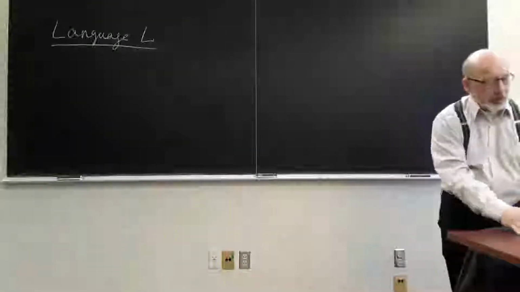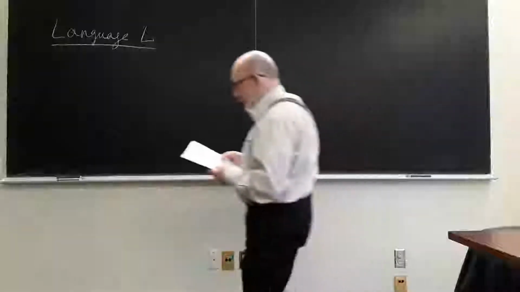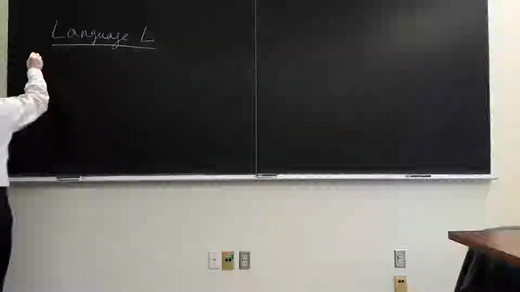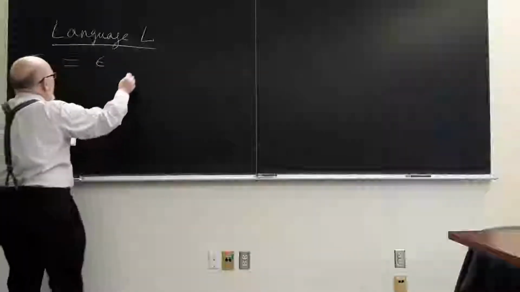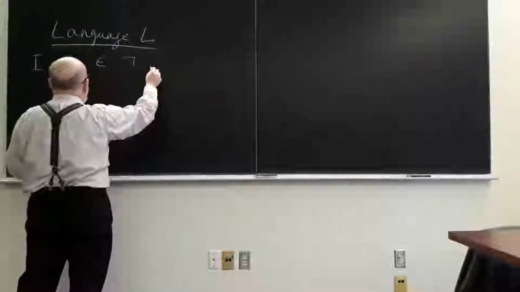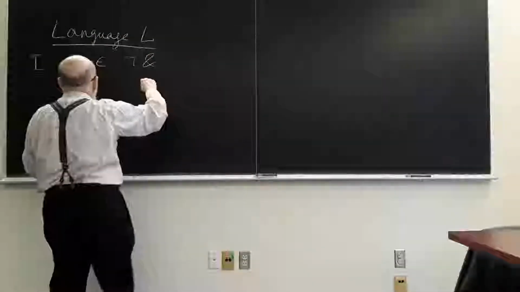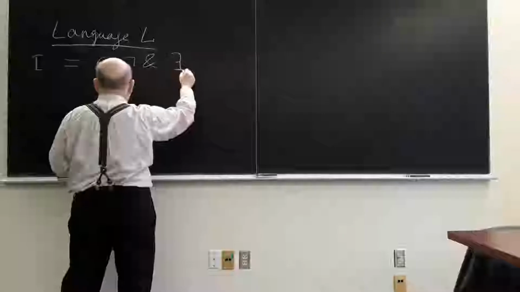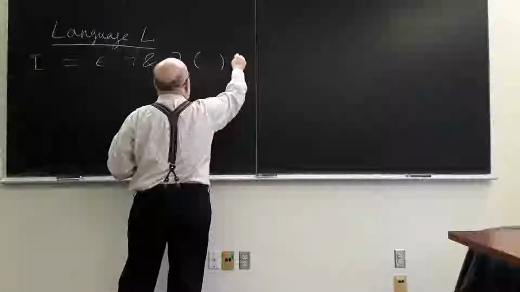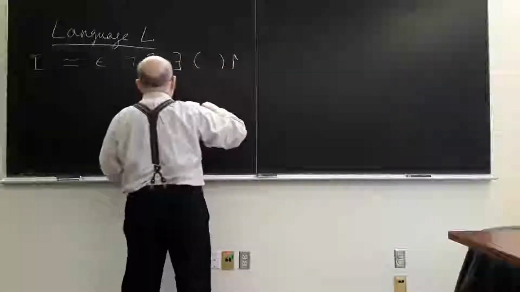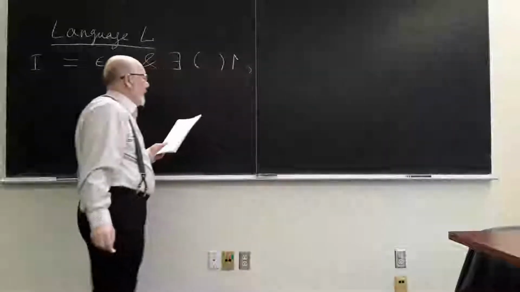symbols. So these symbols, let me remind you, are divided in three groups. The first group contains the symbols equal, element of, not, and there exists, brackets, restriction, and comma.